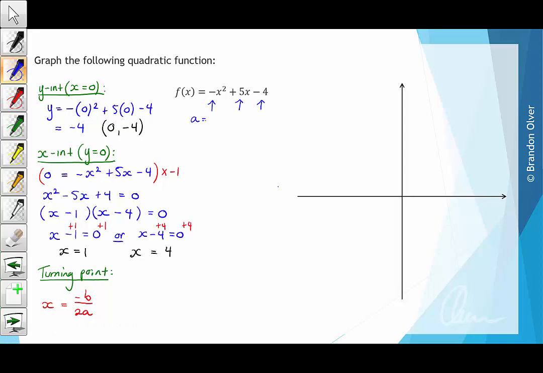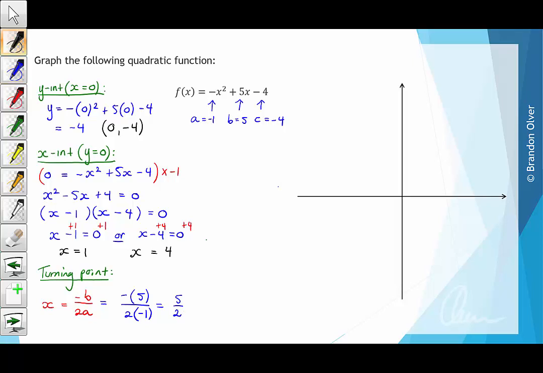So a equals negative 1, b equals 5, and c equals negative 4. Subbing those into the axis of symmetry, we get negative 5 over 2 times negative 1, and that's going to give positive 5 on 2.